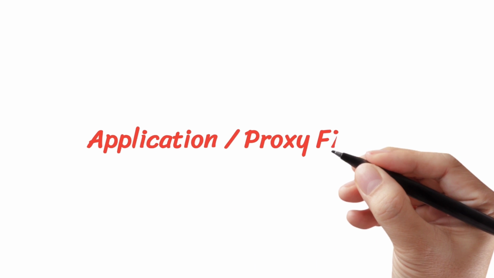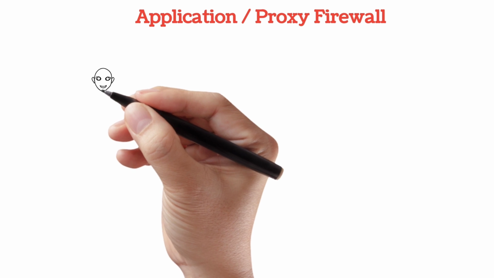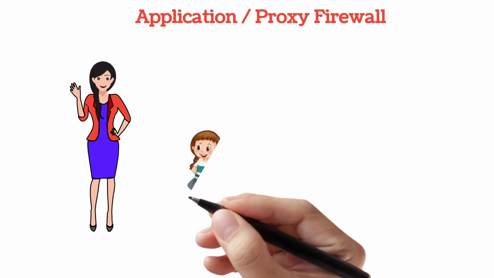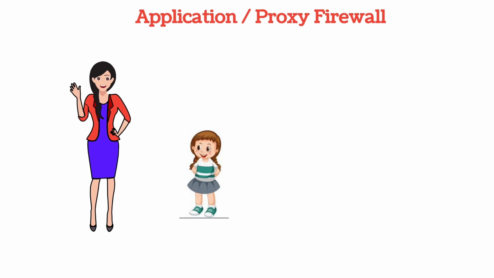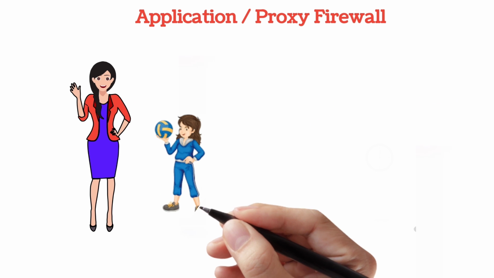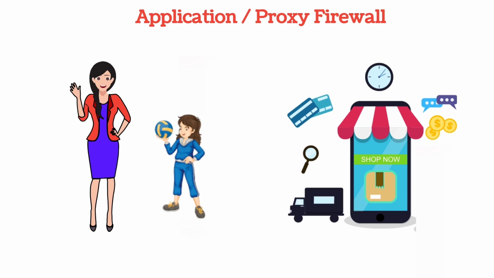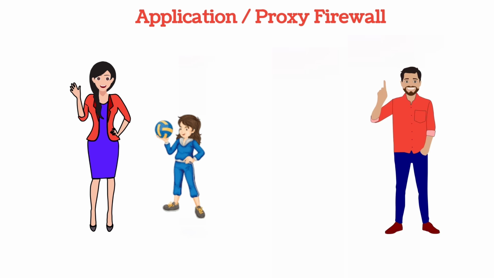Next is application or proxy firewall. Let's understand it with an example. Suppose your coach asks you to buy a ball from the market. You go to the shop, buy the ball and come back to the ground and give the ball to your coach. Here you have done the work that your coach wanted you to do without letting the shopkeeper know who actually wanted that ball. Same is the case with application firewall.